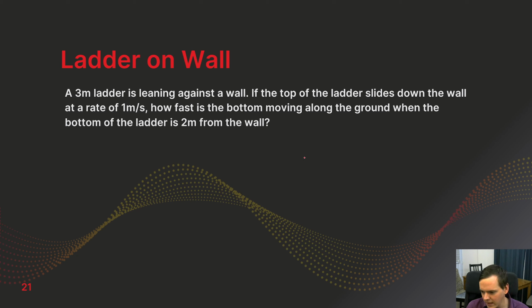But let me rewrite that last equation for you here. I believe we had dx dt is equal to negative the square root of 9 meters squared minus 2 meters squared, that's for solving for y, over 2 meters on the bottom, times negative 1 meter per second here.